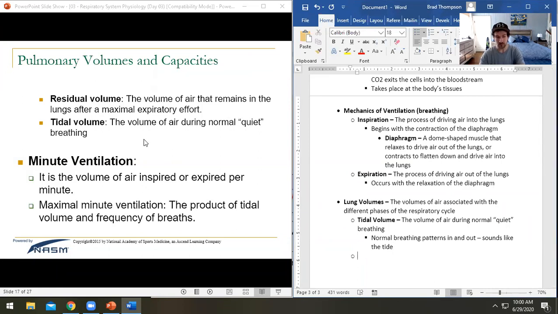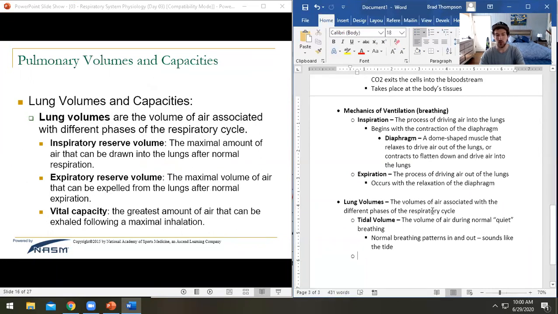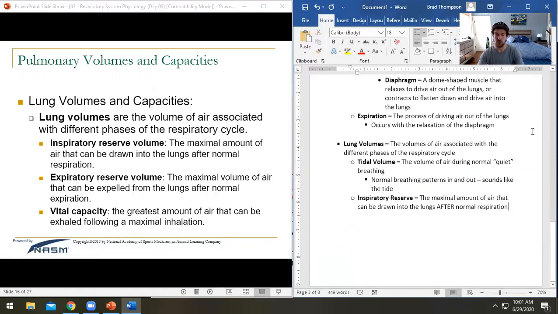But then you have your inspiratory reserve, which is the maximal amount of air that can be drawn into the lungs after normal respiration. So this is the total amount of air that can be drawn into your lungs after a normal breathing volume, right?